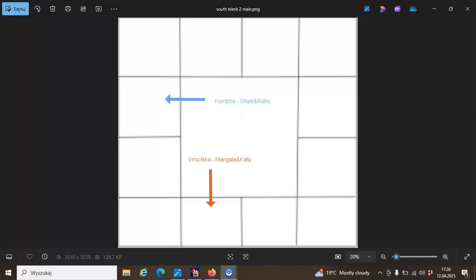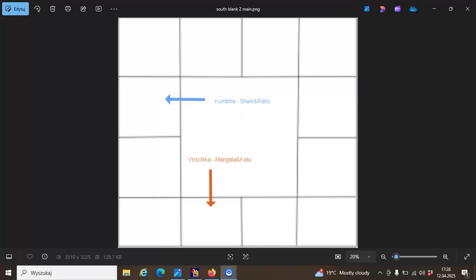Next rule: if both are associated with one planet each, then the one with the higher degrees is considered stronger. So let's add to the picture. We've got Mangala in conjunction with Chandra in the sign of Makara, and Ketu in conjunction with Buddha in the sign of Mithuna. Then we have to consider the degrees. The planet with the higher degrees will be considered stronger.